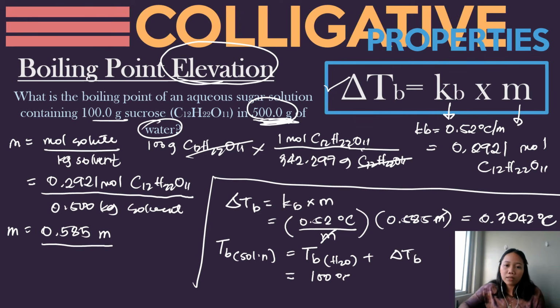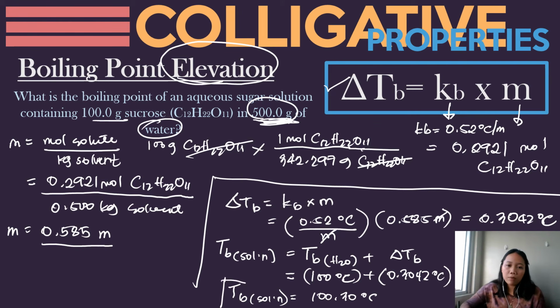So all you have to do is to add that one to the change of your T sub B, that's 0.3042 degrees Celsius. And you can now have the T sub B of your solution equal to 100.30 degrees Celsius.